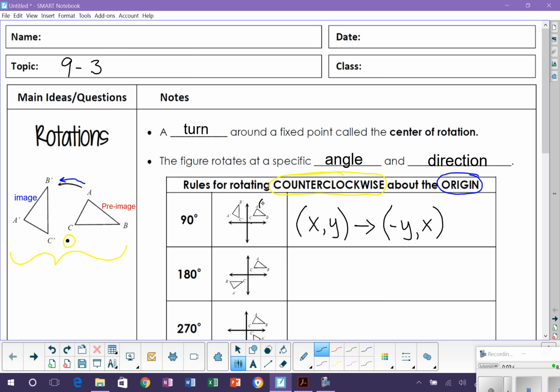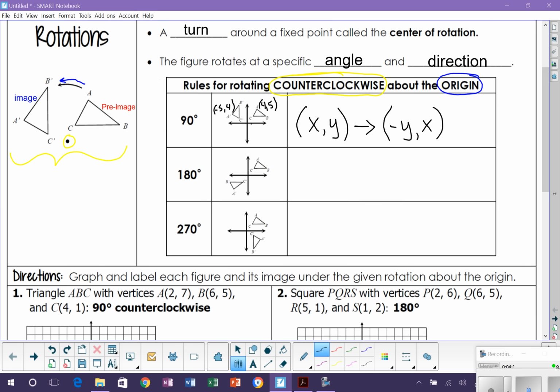So if this was 4,5, over here it's going to be negative 5,4. Okay, so if we're looking at 180, so we start with our x comma y, and that's going to be mapped to negative x comma negative y.